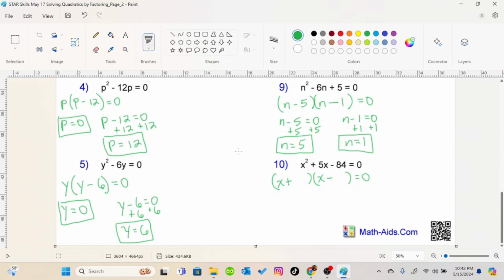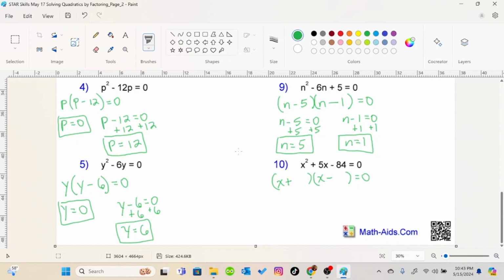We could do 1 and 84, but that wouldn't work. 2 and 42, but that wouldn't work. 3 and 18, but that won't work. 4 and 21, but that wouldn't work. 6 and 14, that wouldn't work.